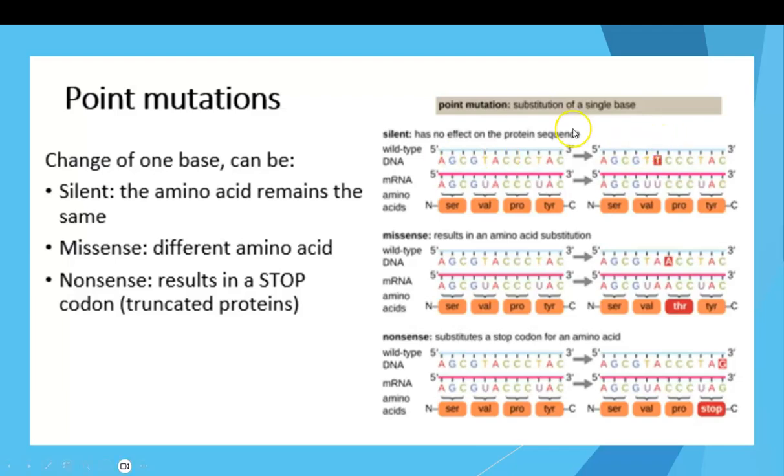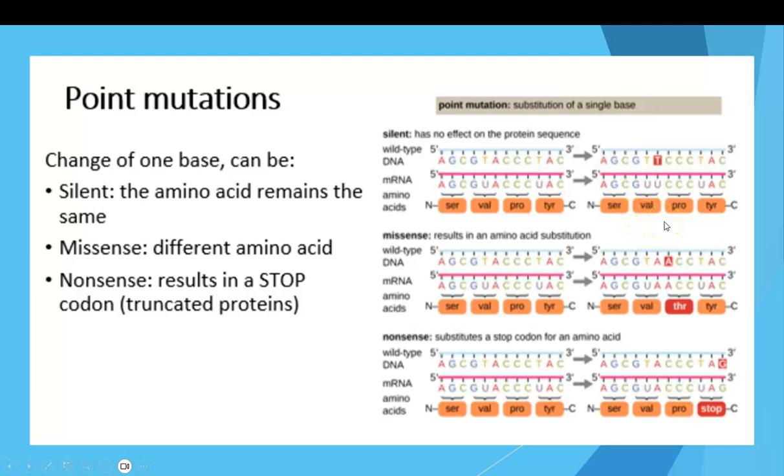If one of the nucleotides changes, for example adenine changes to thymine, then the messenger RNA is going to change. If you remember, every three nucleotides on messenger RNA is called a codon. So the codon is going to change, and then the amino acids are going to change.